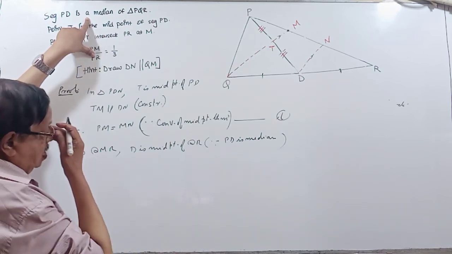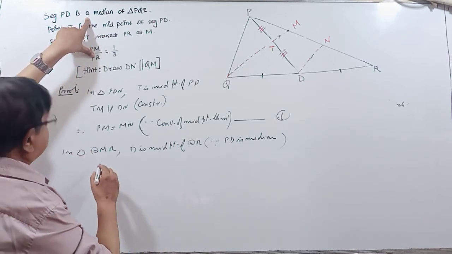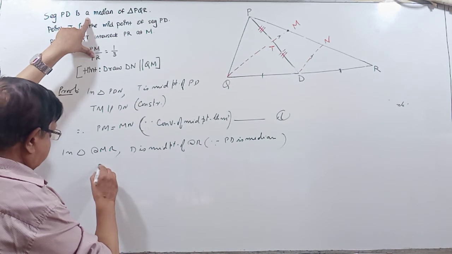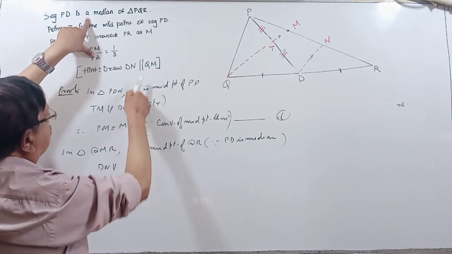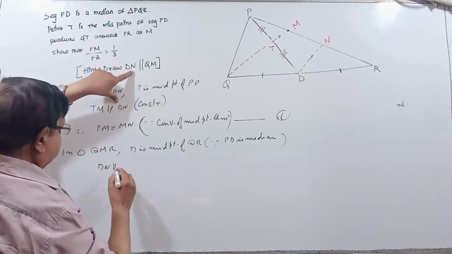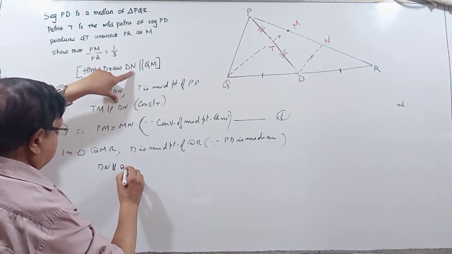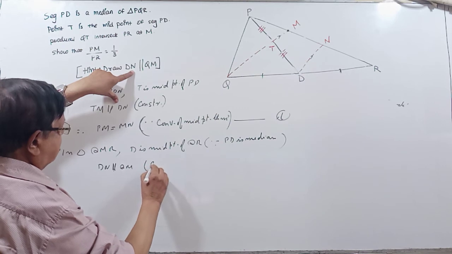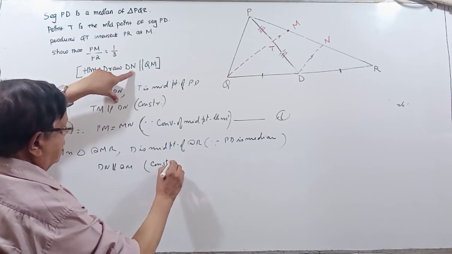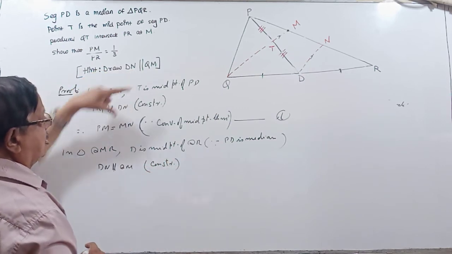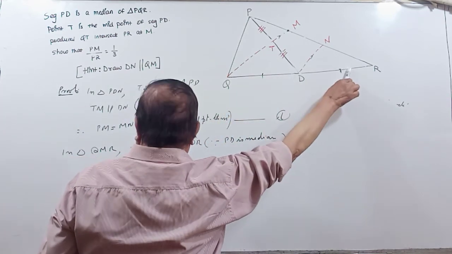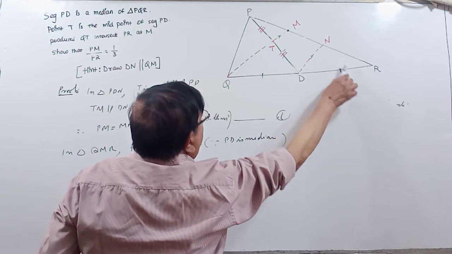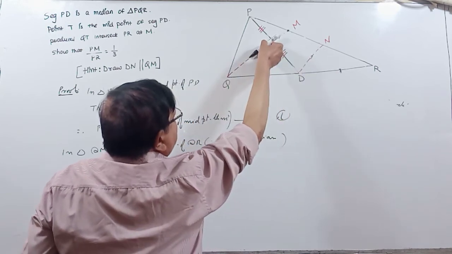DN parallel to QM by construction. This is the midpoint of QR and this is parallel to this by construction.